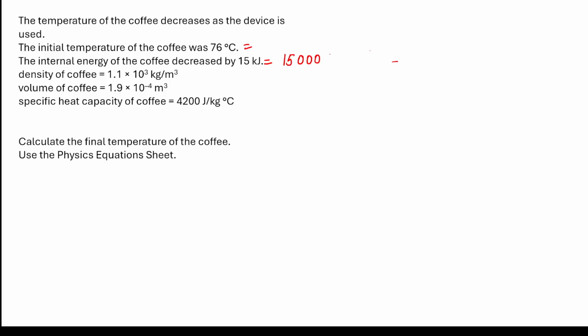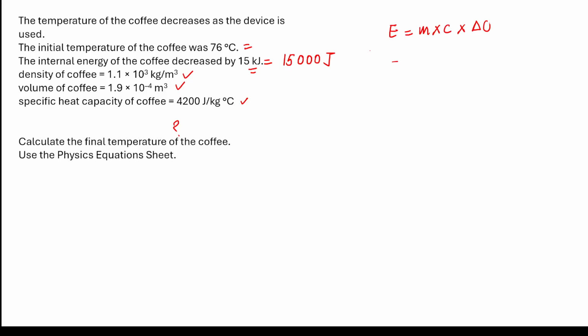Whenever the temperature change is required, we always use energy equals mass times specific heat capacity times change in temperature. This triangle represents change, and theta is a symbol which you might have used in math. This just shows temperature change. Now energy is 15,000, but we don't know mass, but they've given you volume and density.